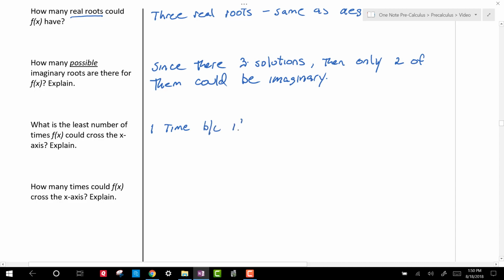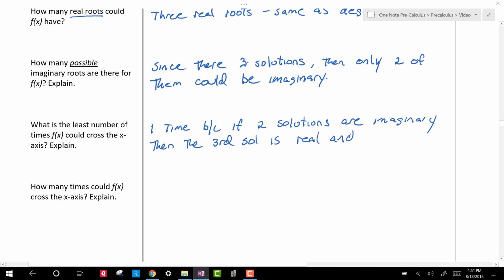Because if 2 solutions are imaginary, like we talked about above, then the 3rd solution is real and touches or crosses the x-axis.